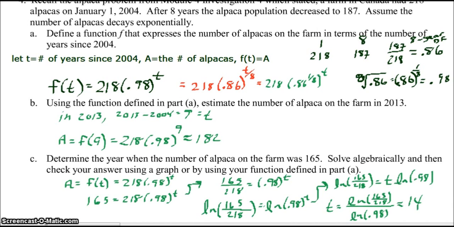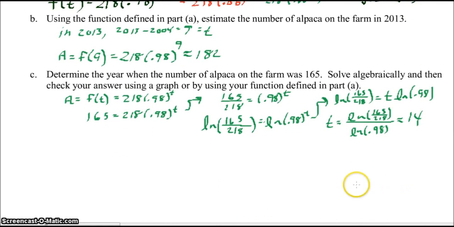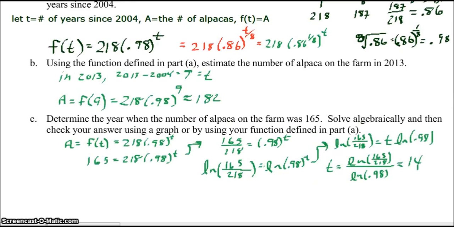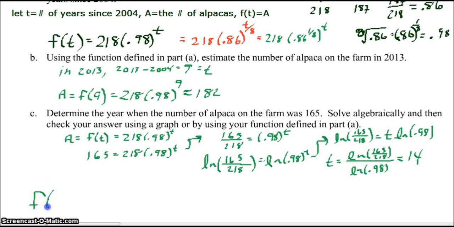Okay, I got about 14. So in the year 14, we'll have about 165 alpacas. Let's check that using the function in Part A. F of 14 would be 218 times 0.98 to the 14, and that is 164.294.